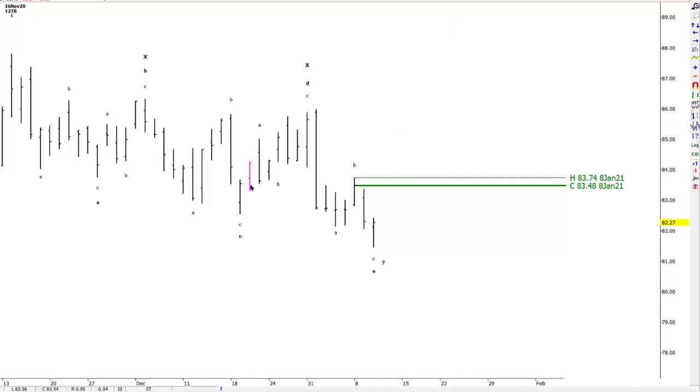And by the way, this is just an axiom of trading from forever: usually the longer the correction lasts, the longer a trading range or complex correction is, the greater the continuation of the trend. It's like a spring getting wound up.